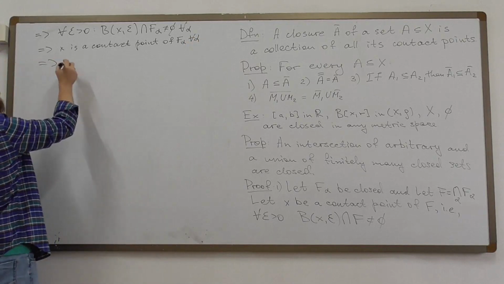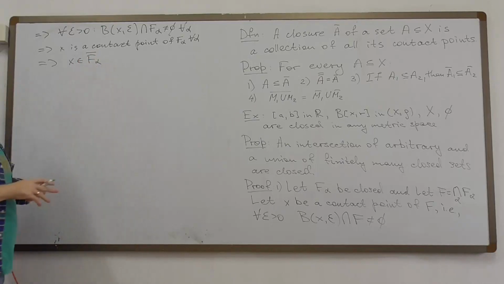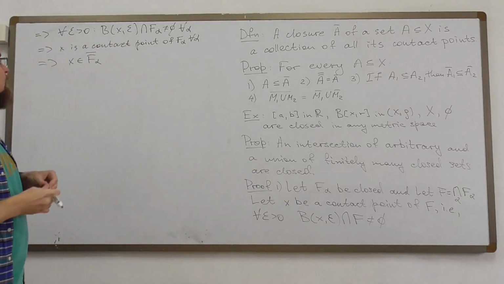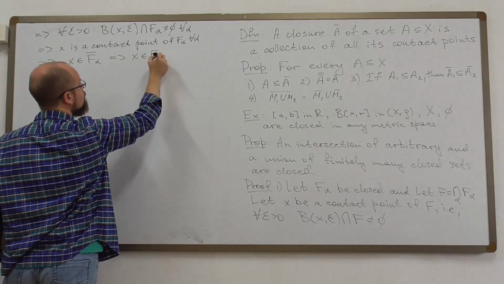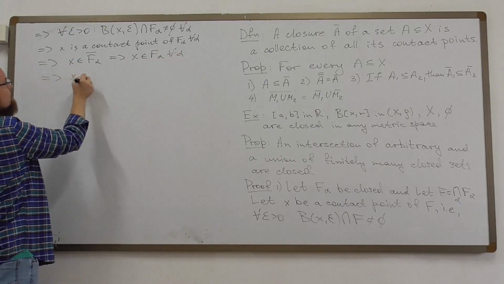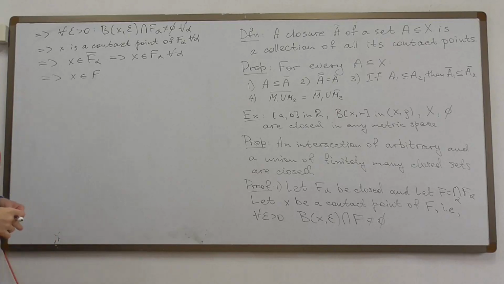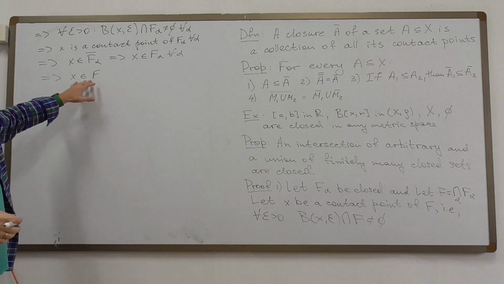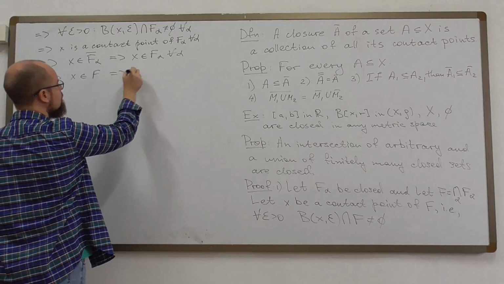By the definition of the closure, we conclude that x belongs to the closure of F_alpha. But all the sets F_alpha are closed. So x belongs to every F_alpha, and hence it belongs to the intersection. So we have proved that F contains all its contact points, which means that F is closed.